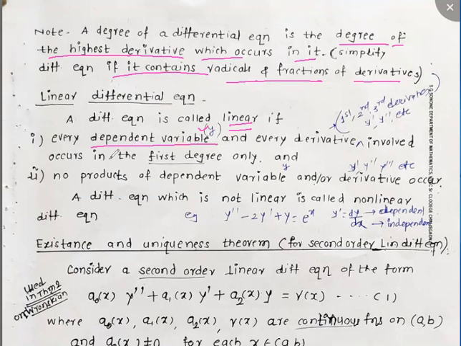If every dependent variable and every derivative involved, that is first derivative, second derivative, third derivative of y, occurs in the first degree only, and no products of dependent variable y and derivative occur.